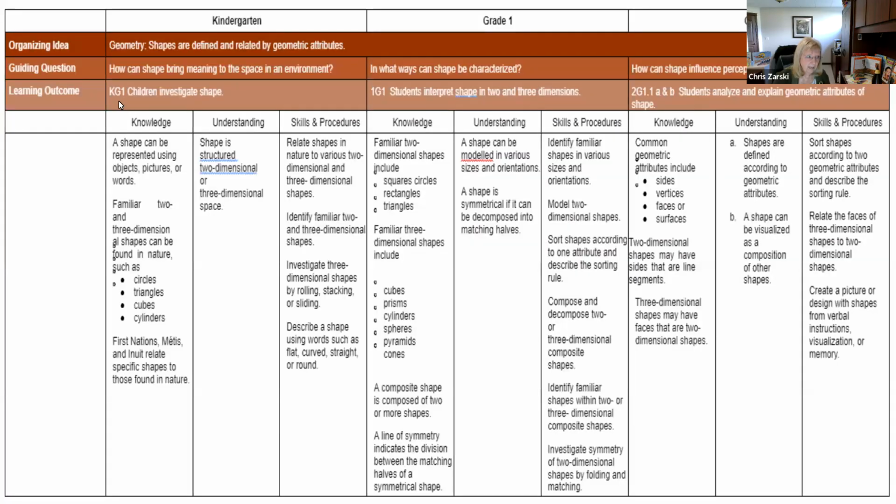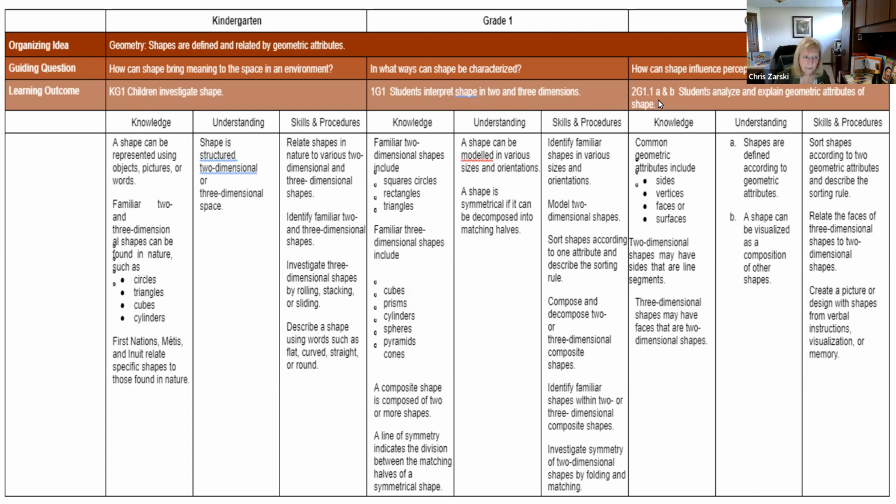Here's an example of a different idea, just so that you see how it's done. In this case, the organizing idea, the first thing that we see is geometry. So here I see KG1, so kindergarten geometry first outcome. I don't see a 0.1 behind it, so I know that everything below this outcome is the only understanding, knowledge, skills, and procedures that I'm going to see for that outcome.